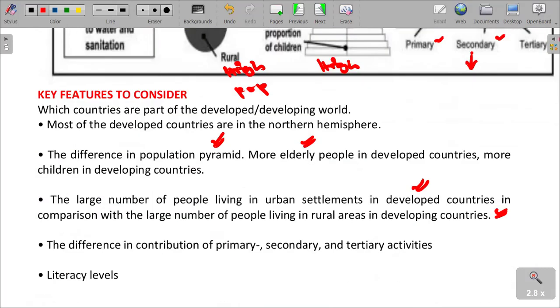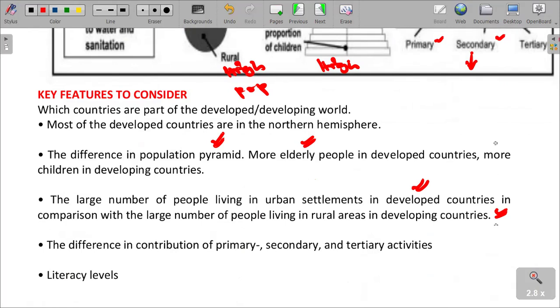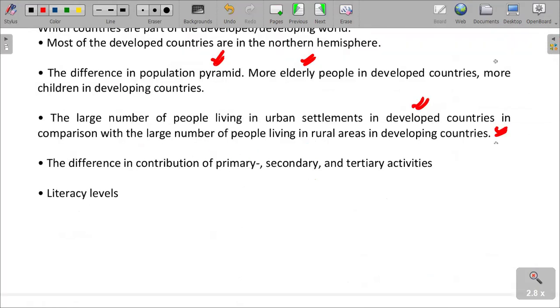There are also differences in the contribution of the primary, secondary, and tertiary economic sectors, with a disparity that is significantly noticeable. And then literacy rates, schools and education in developing countries still remain a challenge because of poverty and less access to schools.